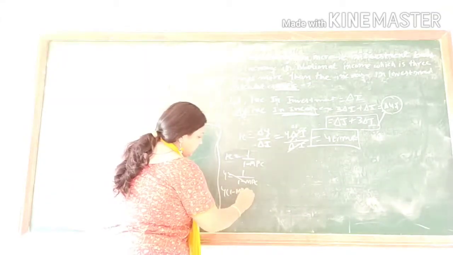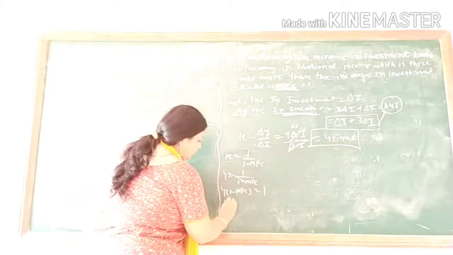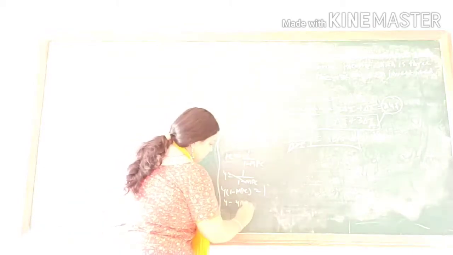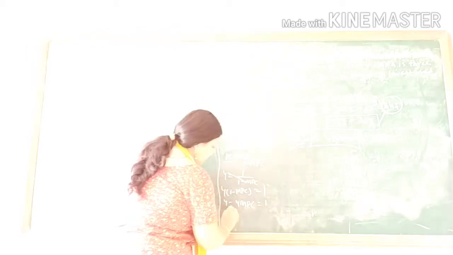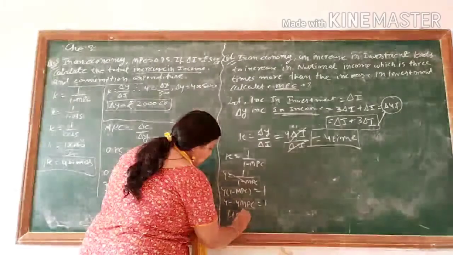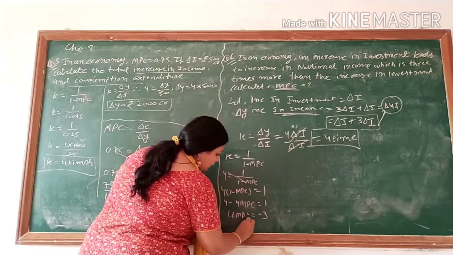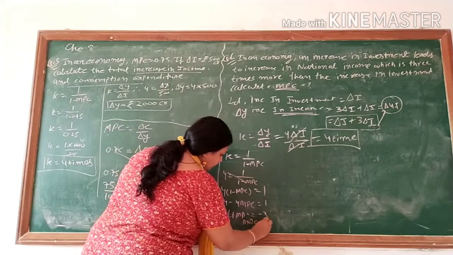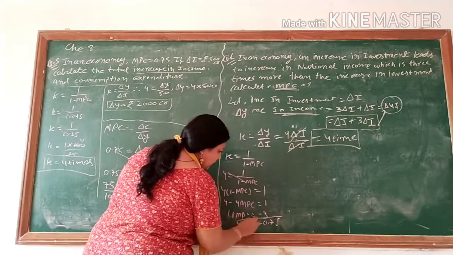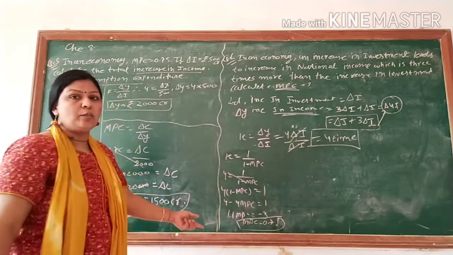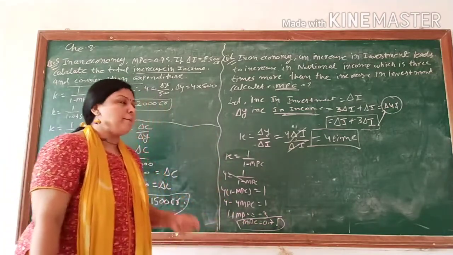Just cross multiplication, 4 into 1 minus MPC equal to 1. So 4 minus 4 MPC equal to 1. So 4 MPC equal to 3. So MPC becomes 0.75. ठीक है? 0.75 is your MPC.